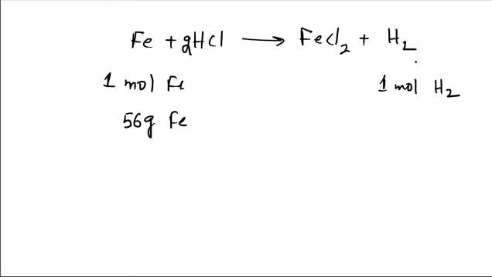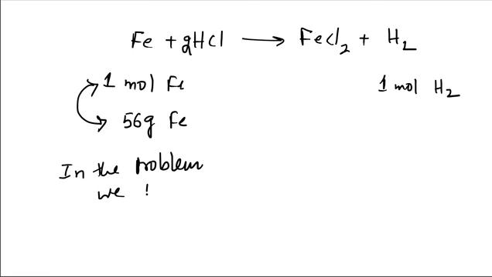So that means how many grams of hydrogen gas are we getting? When 56 grams is 1 mole, but in the problem we have 50 grams. Therefore, what are the moles of iron? Moles of iron is equal to mass over molar mass.